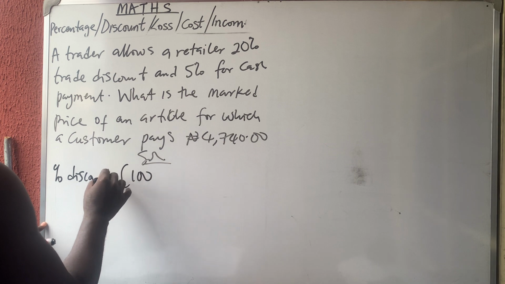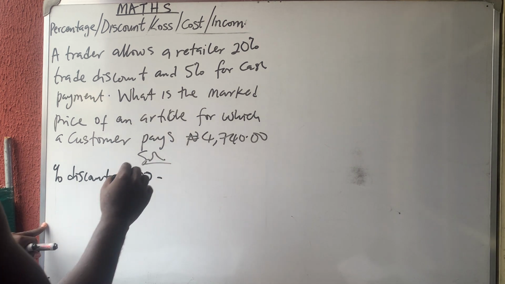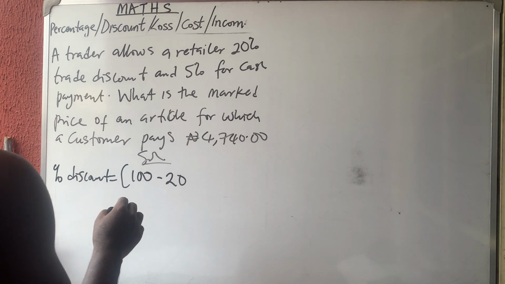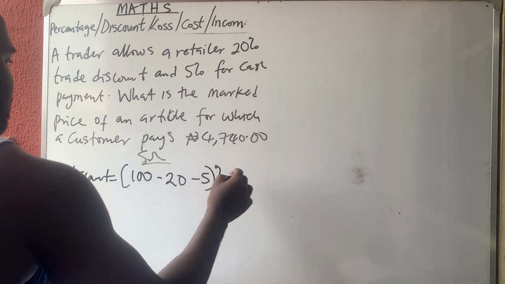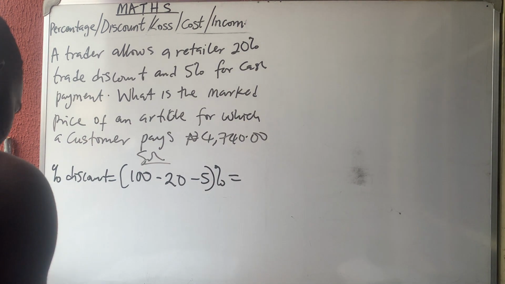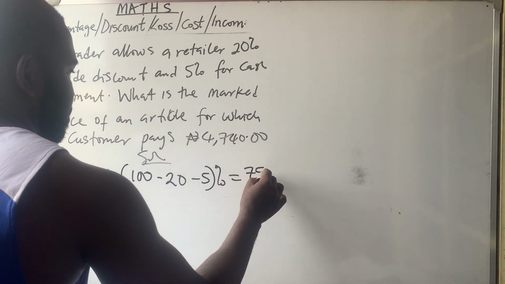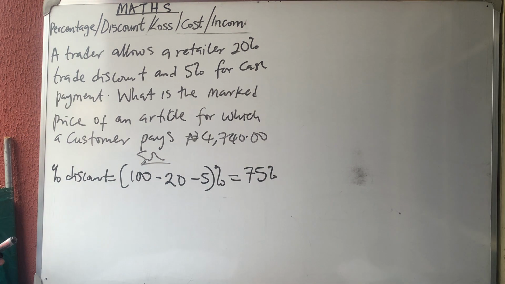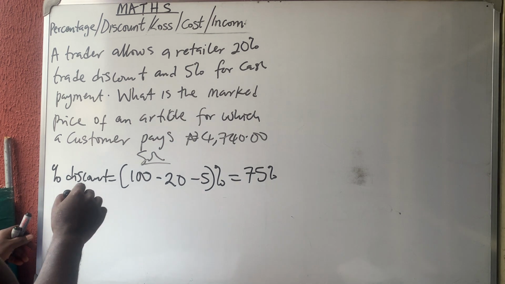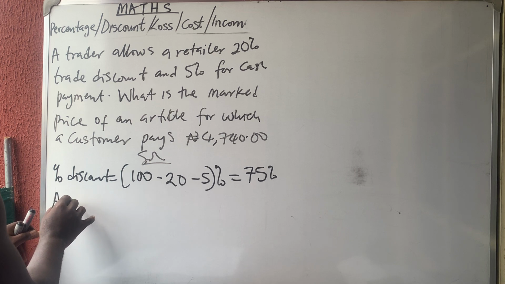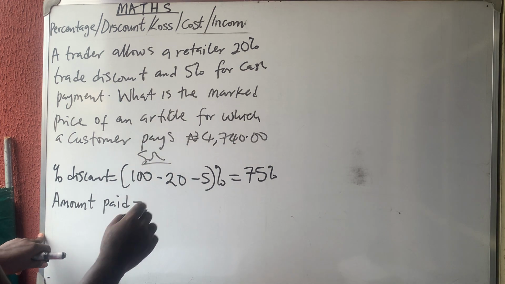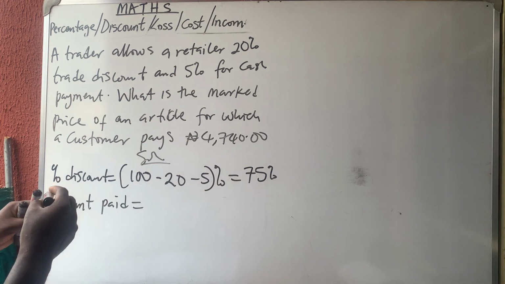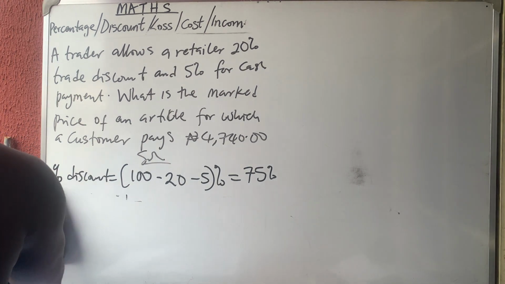All right, so the percentage discount is now 100% minus 20% as a retailer, minus 5%, which is 75%. This is the total discount. So the amount paid is now the discount. We'll say let the marked price be x, please. Very important.